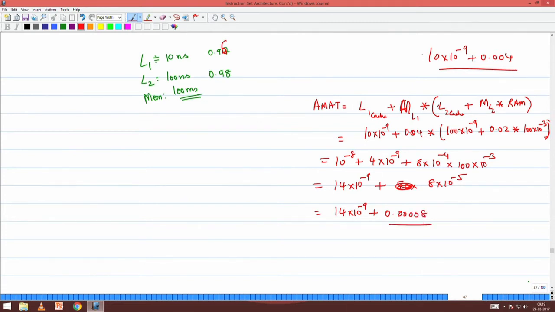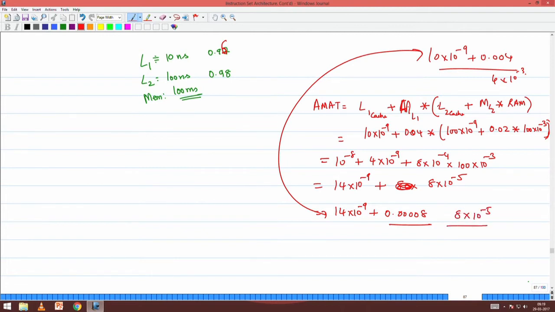Let us say these two are almost comparable, but what would have happened is this 0.004 actually became some 1000 times faster. So this is 4 into 10 power minus 3 and I have something like 8 into 10 power minus 5.